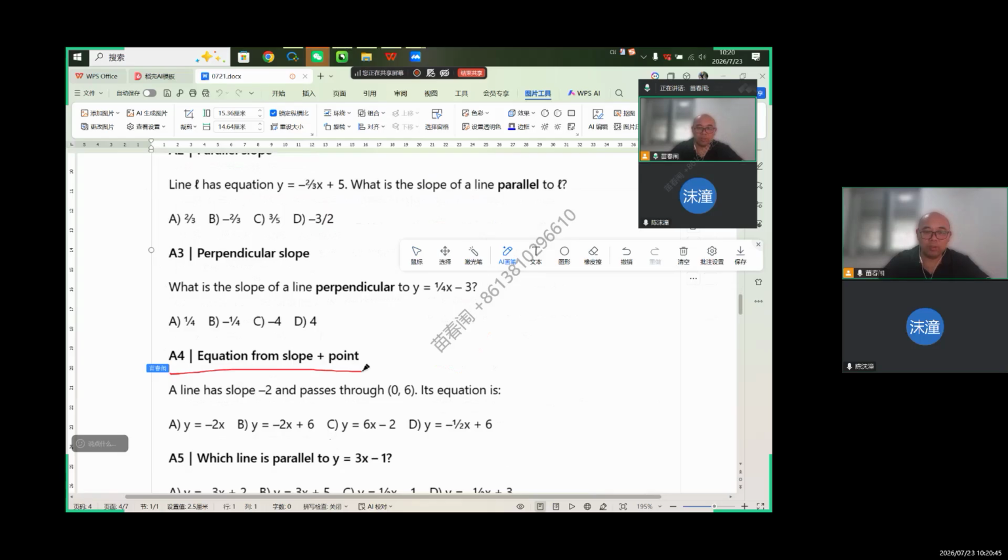Equation from the slope and point. How did you do it? Do you remember? Maybe you should read this. I think probably you can't remember it that much, right? Okay, a line has slope -2 and passes through 0, 6.